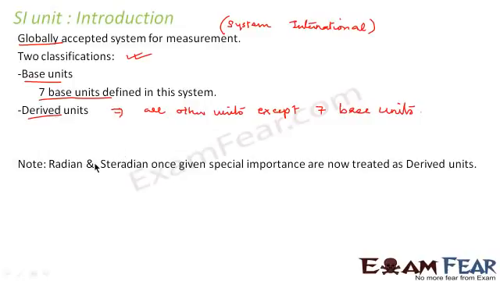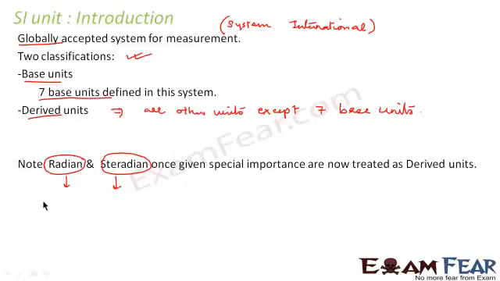Note a point here, the two units radian and steradian. These two units were given special importance before, but now they are treated as derived units because many people have confusion. They say that radian and steradian are base units, but actually they are derived units. Well, what is radian?